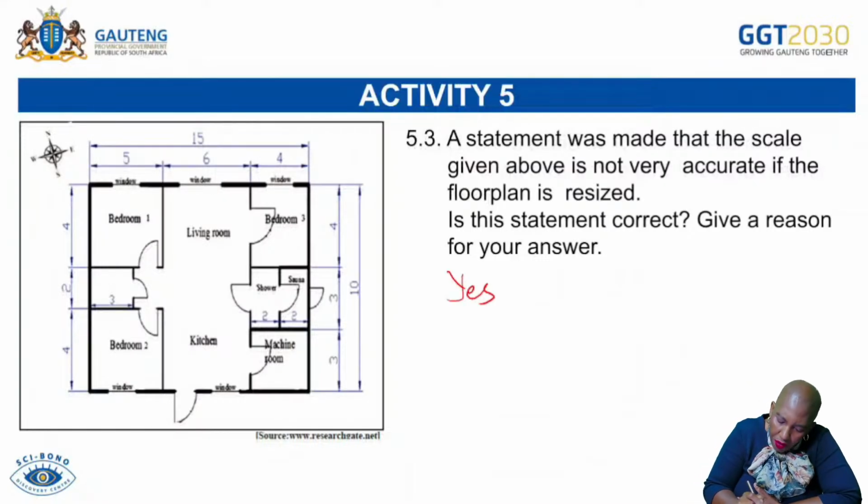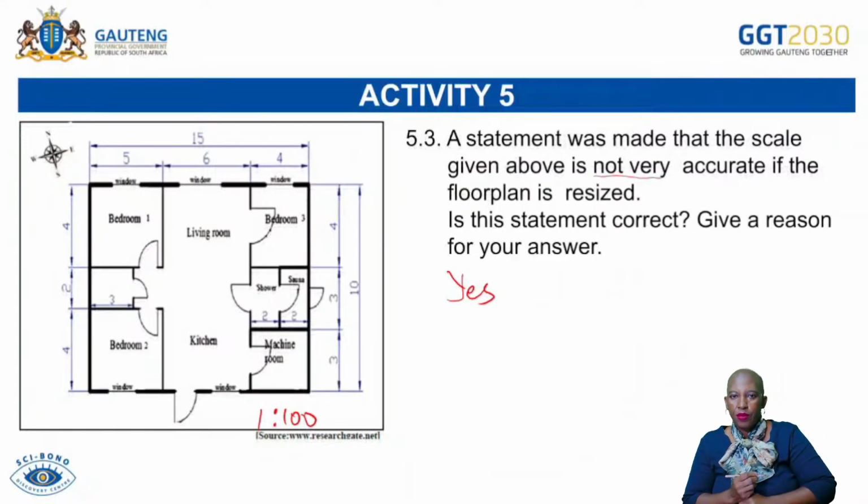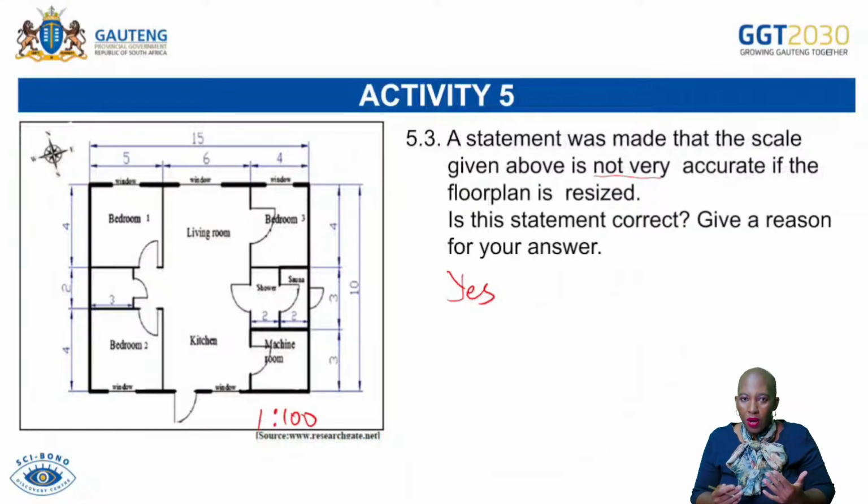The scale that is given, they said it is 1:100. So a statement was made that the scale given above is not very accurate. We say yes, that is 1 point. Just for saying yes, it is 1 point.